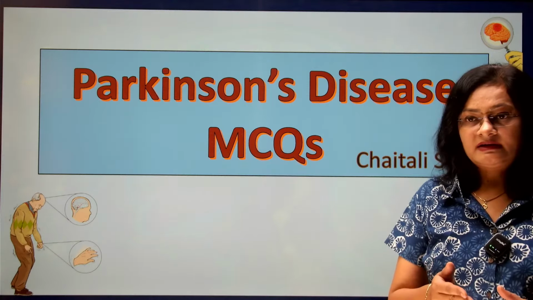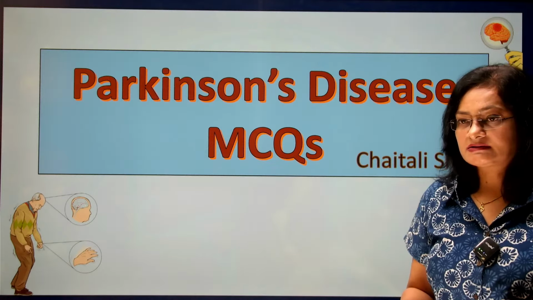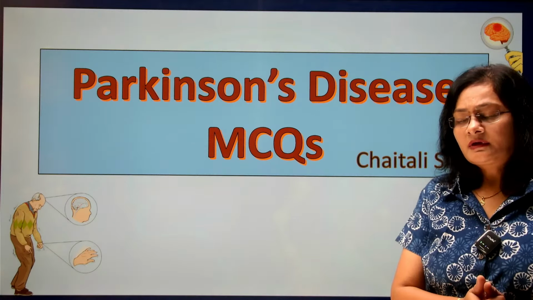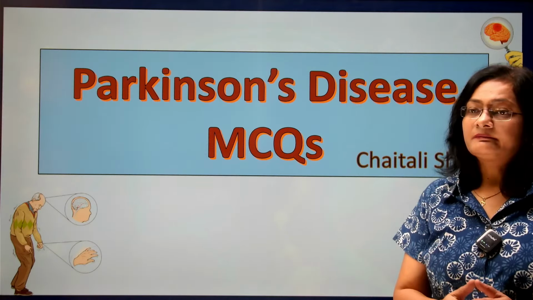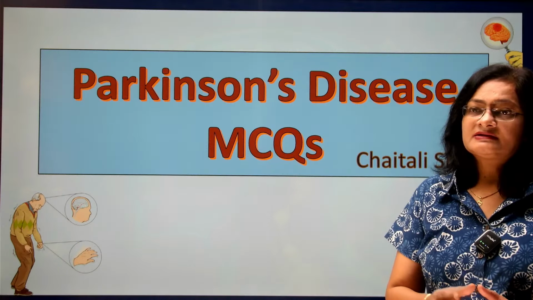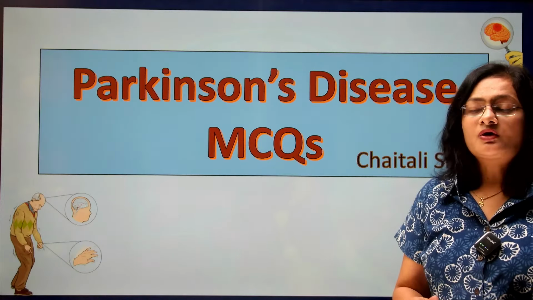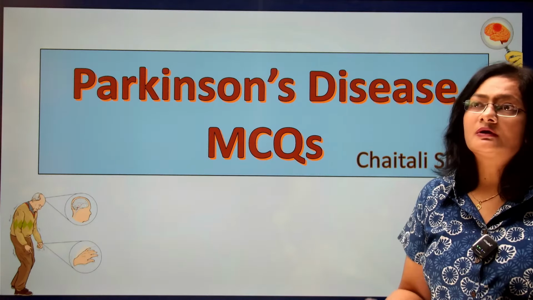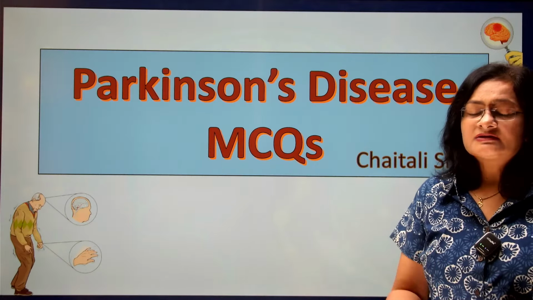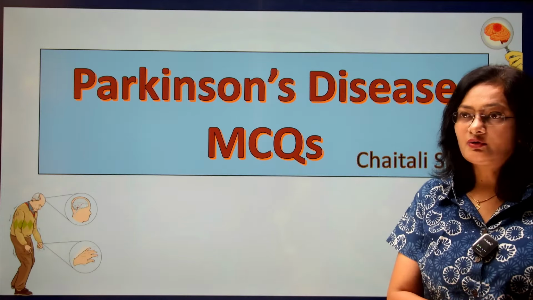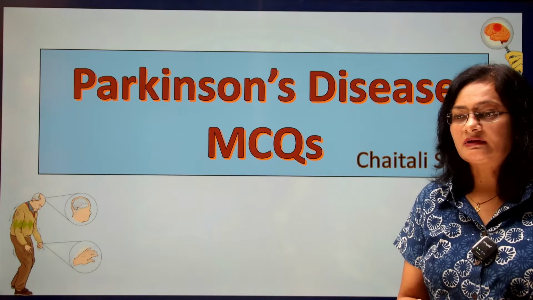These four are the cardinal features of Parkinsonism. The majority of cases are idiopathic Parkinsonism, meaning the cause is unknown, there is no known cause behind the Parkinsonism. So that is idiopathic or primary Parkinsonism.